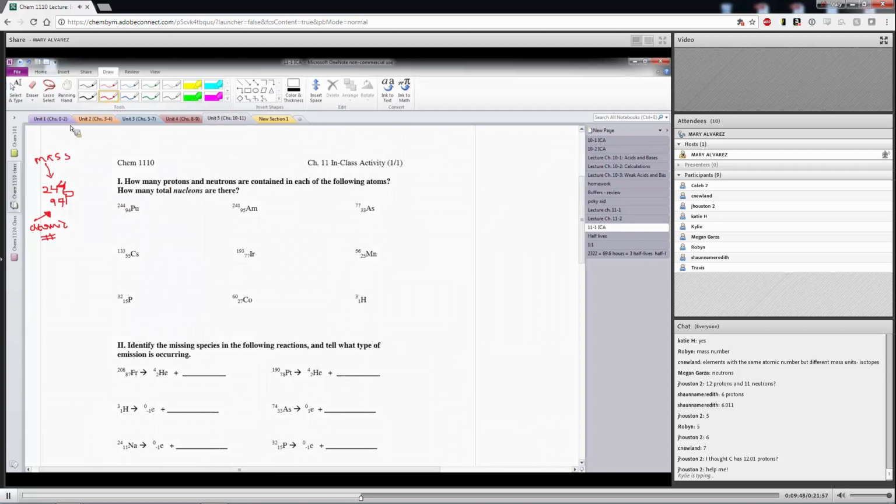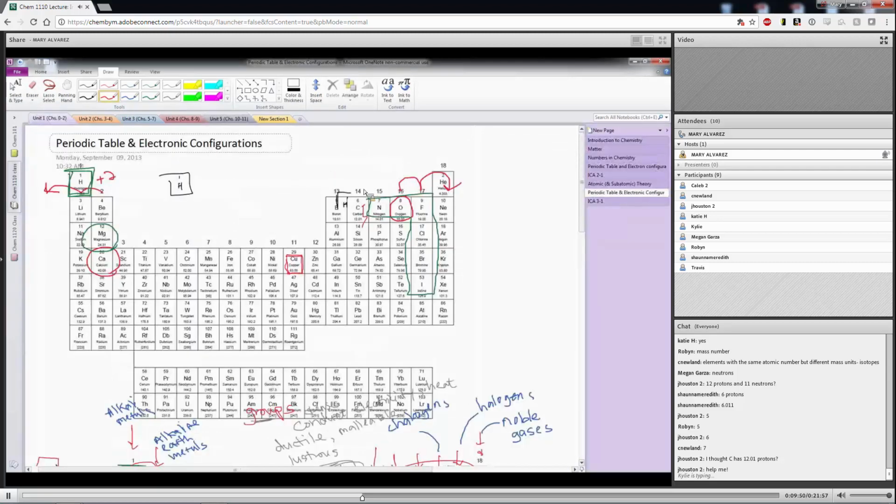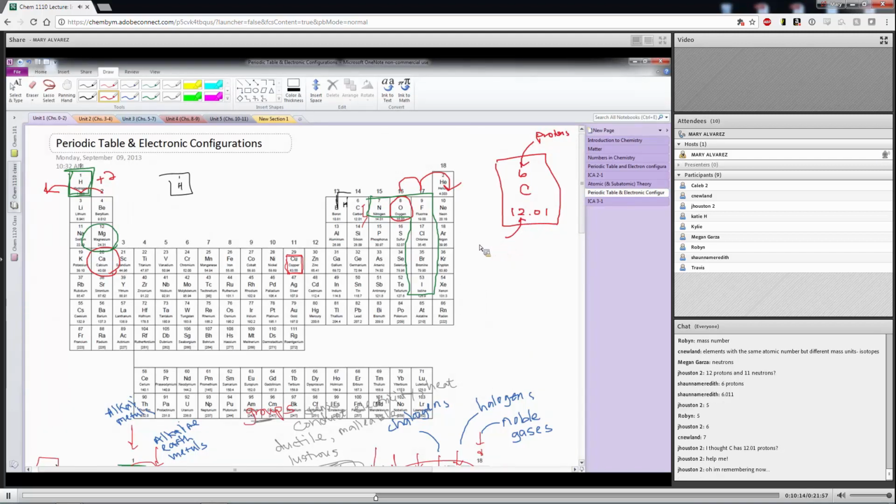Okay, so Joyce, hang on a second. Looking here at your periodic table, we see 6C 12.01. Then this is telling you, by the atomic number, that it has 6 protons and that the average mass of all carbon atoms weighted for abundance is 12.01.